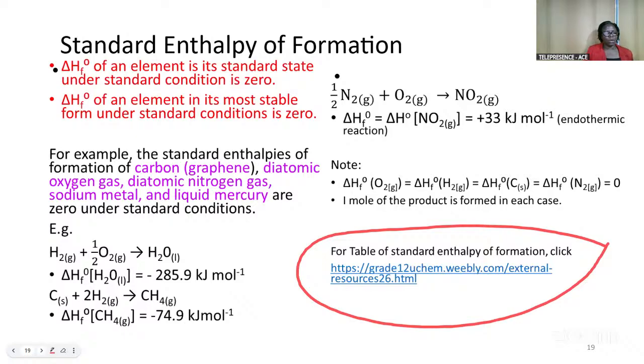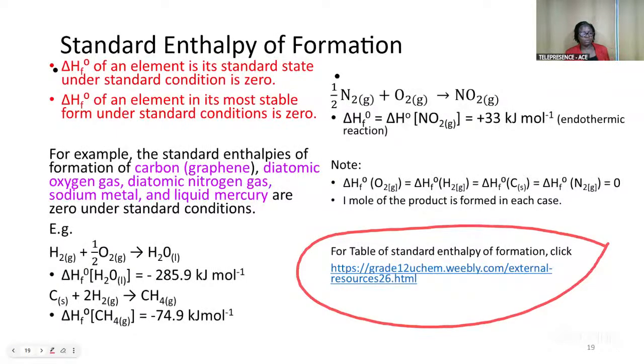If you are forming water from hydrogen gas and oxygen gas, to form 1 mole of H2O in standard states, you will need 1 mole of hydrogen and half a mole of oxygen gas. And so the enthalpy of formation in this case for liquid water is minus 285.9 kilojoule per mole.